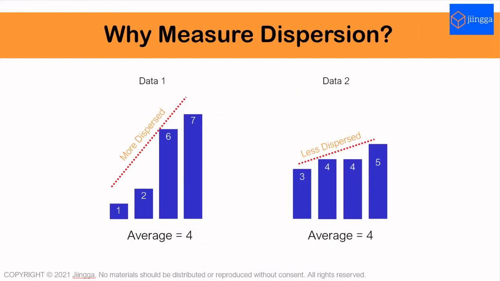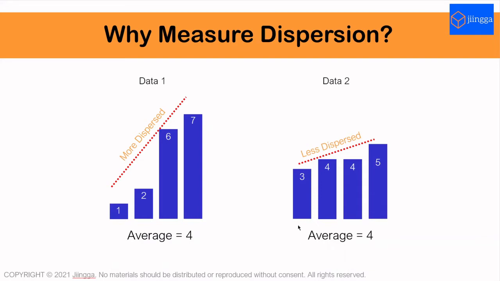Using central tendency alone to describe our data is not sufficient. We need to include dispersion measures too. Why? Let's look at these two data shown here. If we use only the average to describe the data, we are not able to spell out the difference between these two data. Why? Because these two data have the same average, which is 4.